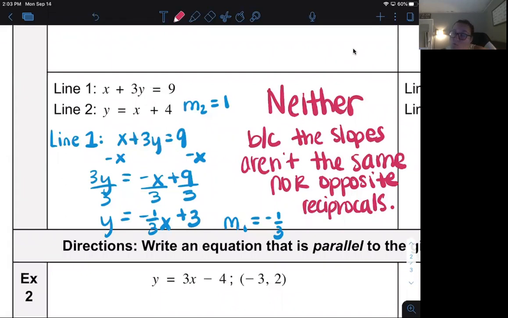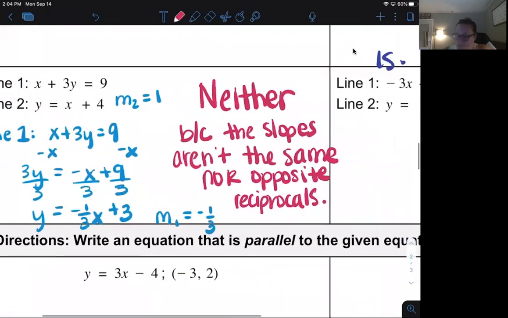So I solved for y in line 1, and I got y is equal to negative 1/3 x plus 3. So I can tell that the slope of line 1, or m1, is equal to negative 1/3. Then the slope of line 2 is 1. So these lines are neither parallel nor perpendicular because the slopes are not the same, nor are they opposite reciprocals.